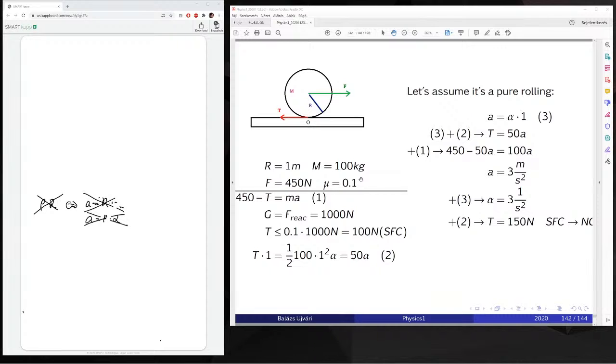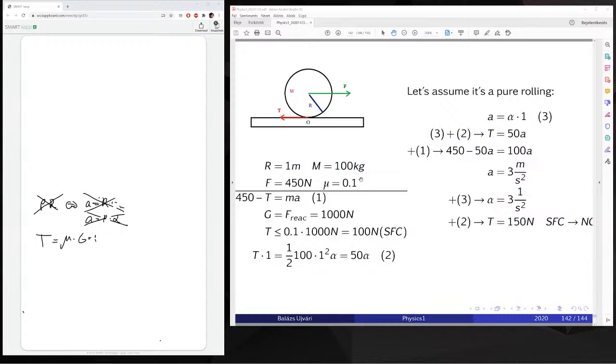Since a is not r times alpha, we lost one equation, and we still have 3 unknowns: T, a, alpha. But we gain one other equation from the kinetic friction, which is equal to mu times m times g, which is 100 Newton.